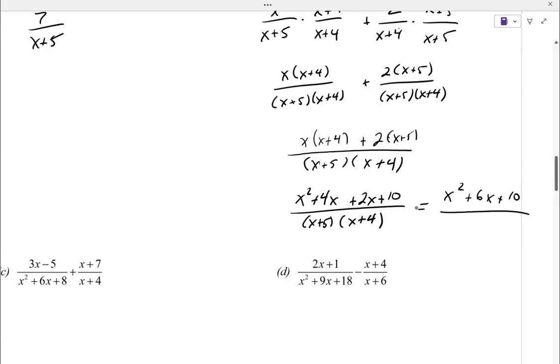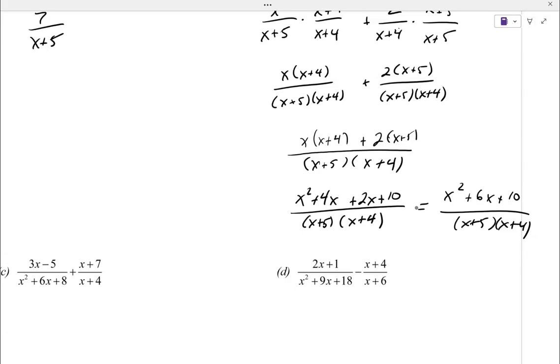Good. Notice again, once you get that common denominator, it doesn't change throughout the whole problem, right? It stays the same all the way down. The only thing that's going to be changing is your numerator as you simplify things. That makes sense?